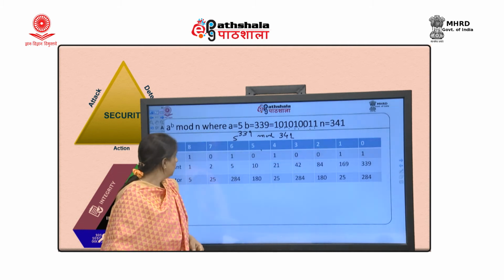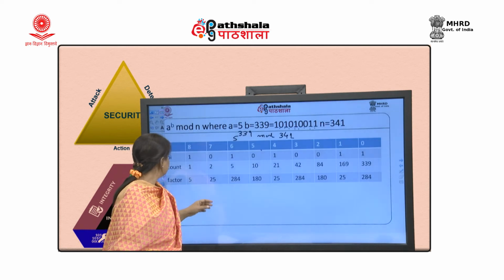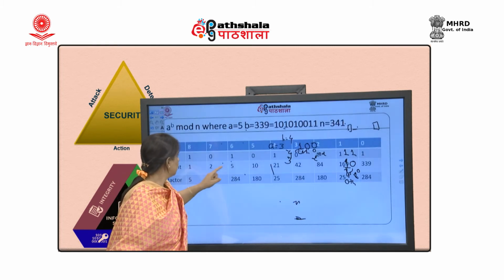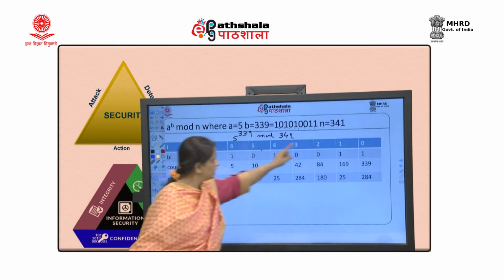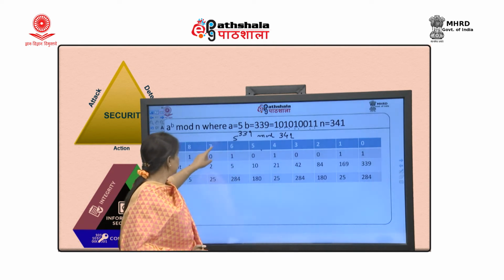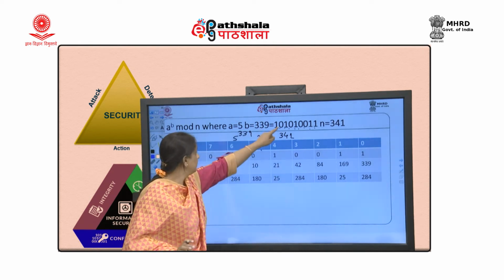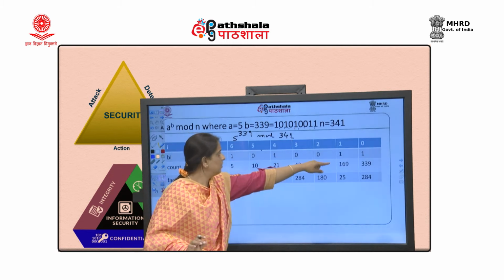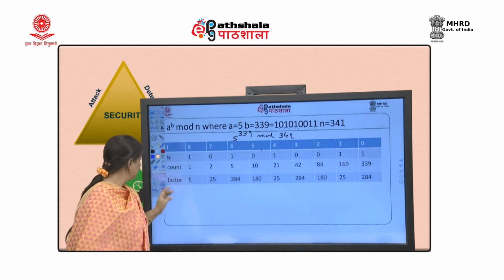You remember the algorithm. The algorithm says you have to go from k down to 0. So, we will be starting with the 8th position going to the 0th position. I have reflected this value 1 0 1 0 1 0 0 1 1 into the table.